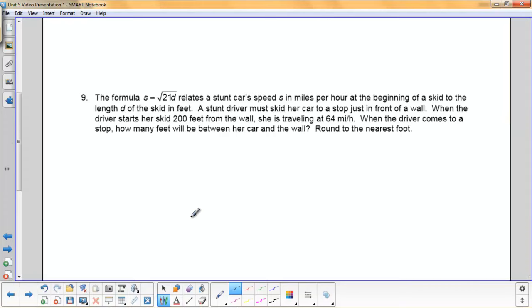All right, in this particular problem, we're dealing with a word problem, which kind of gets us into a future lesson involving applications of square roots. And this formula is similar to the ones that police officers use to determine at crash sites when an incident or an accident has occurred. They can actually determine how fast the car was going by measuring things such as the skid marks on the street and obviously the amount of damage that has taken place.